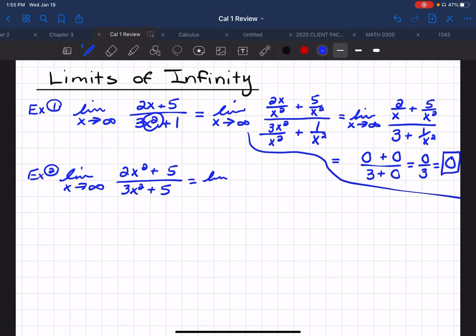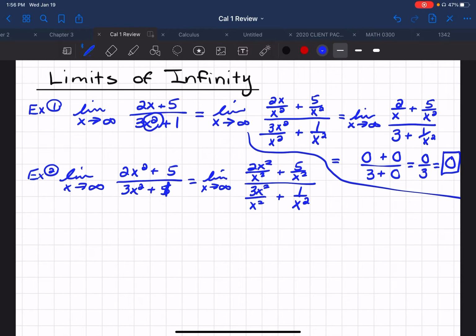I'm going to divide through by the largest exponent in the denominator. So 2x squared over x squared plus 5 over x squared, over 3x squared over x squared plus 1 over x squared.